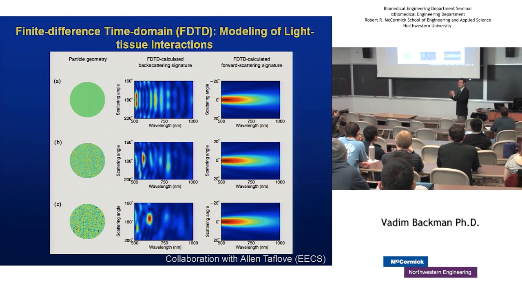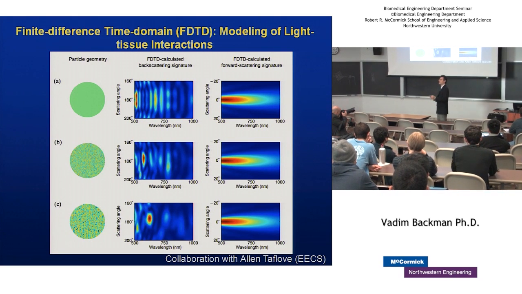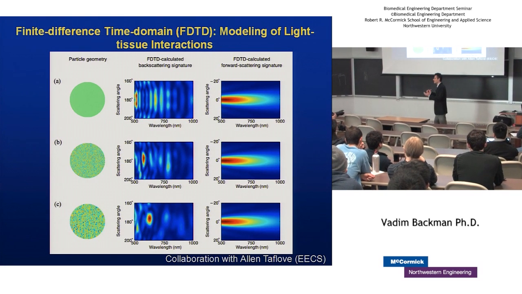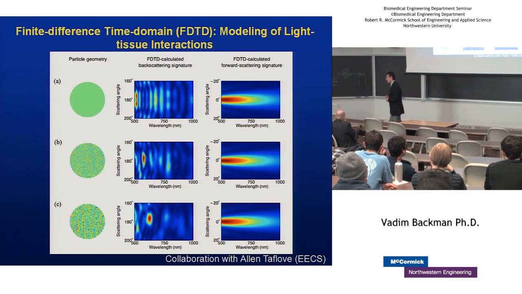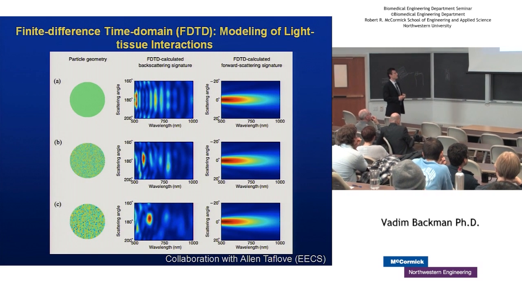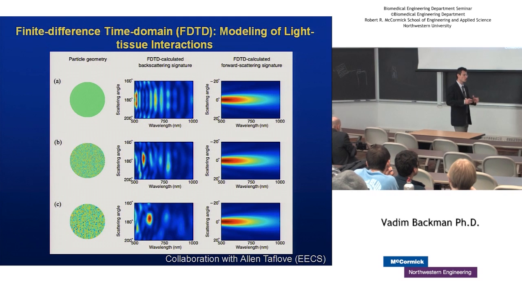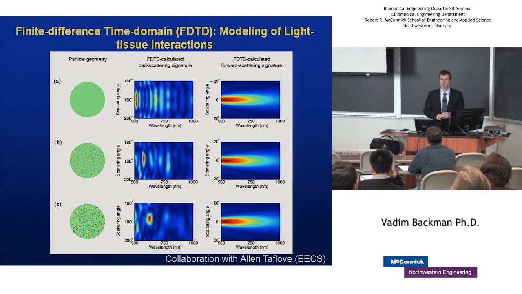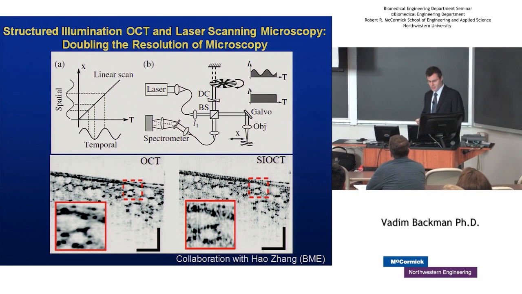Even something as simple as a cell, from the optics perspective, is an extremely complex structure that cannot be addressed using simple analytical or textbook methods. That's why we have to develop something more sophisticated, and FDTD is probably the best way to do it. Using this approach, we can do optical experiments in the computer, as opposed to spending several years trying to do experiments in the lab.